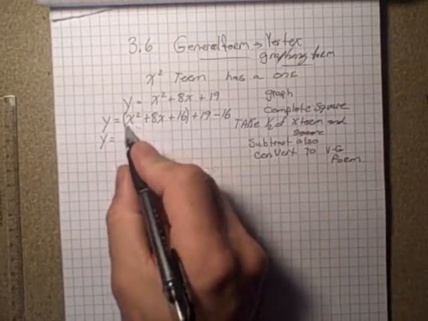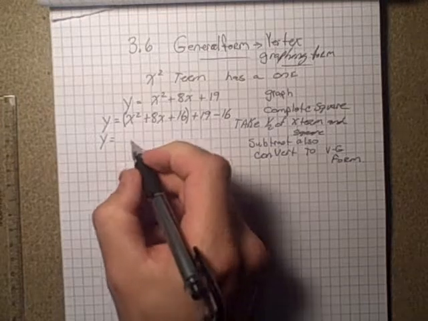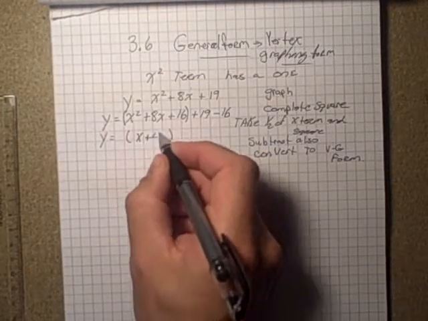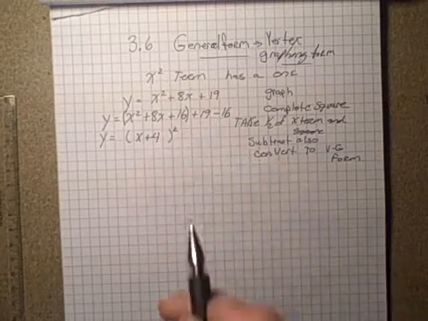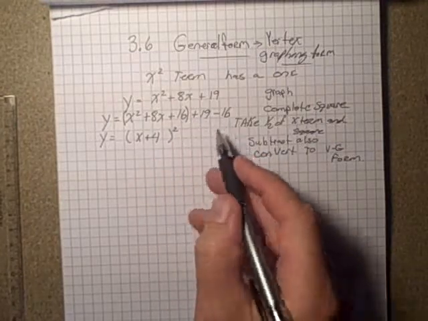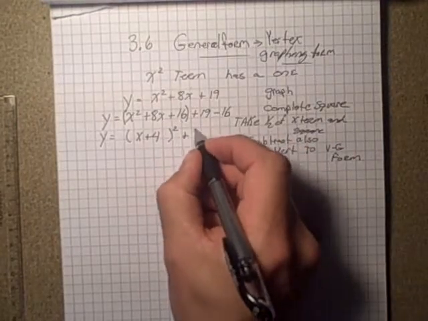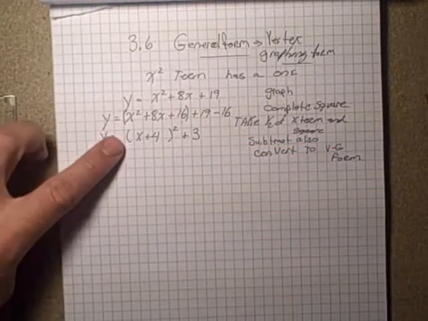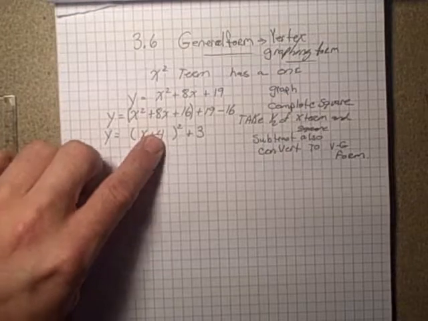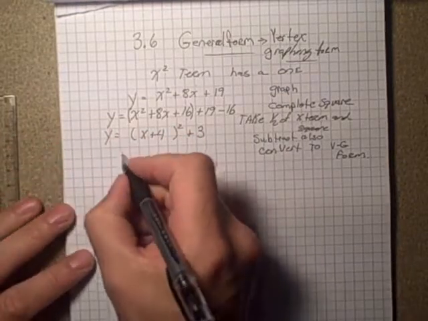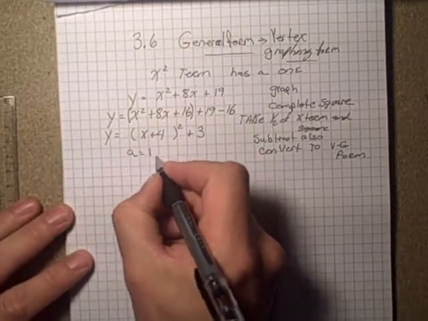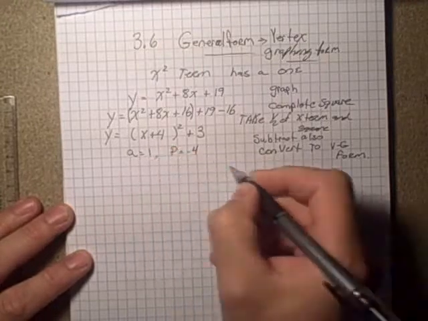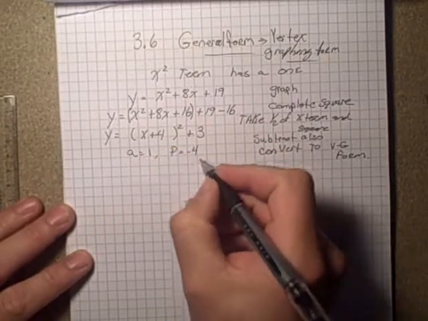Okay, so this would convert down into a binomial, x plus 4 all squared. If you expand that out, it gives us what's in brackets above here. Then we could combine these to get plus 3, and this would give us our vertex graphing form. We now know that a is 1, p is negative 4, and q is 3. Remember, there's always that negative in there, so it has to be the opposite sign.